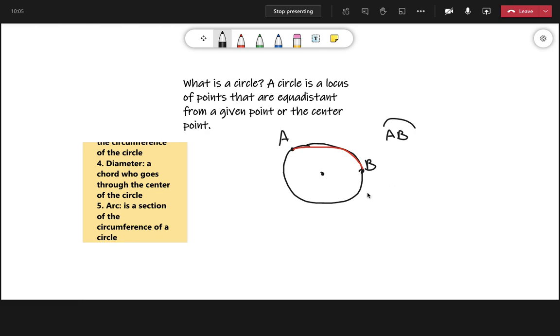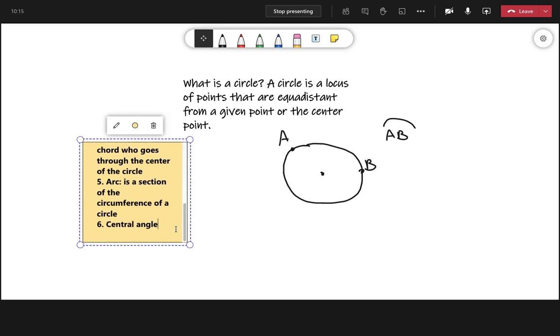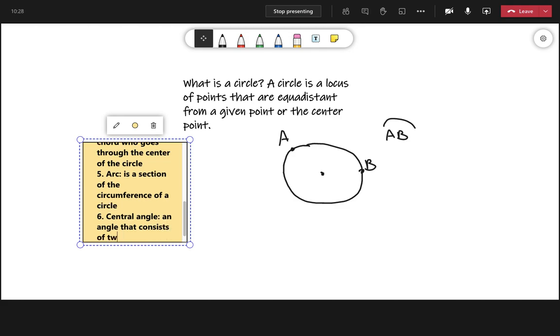Okay? Now, the way we figure out the distance or the degree of arcs is based on the central angle. A central angle is an angle that consists of 2 radii, and the vertex is the center.